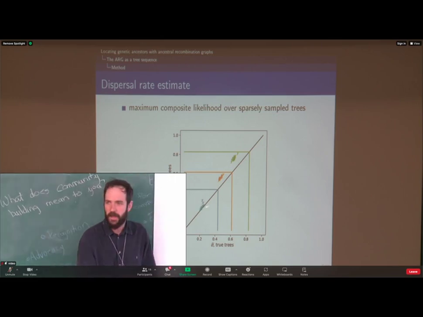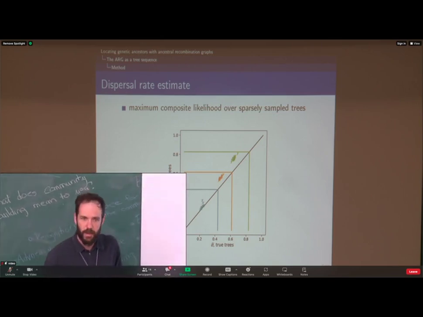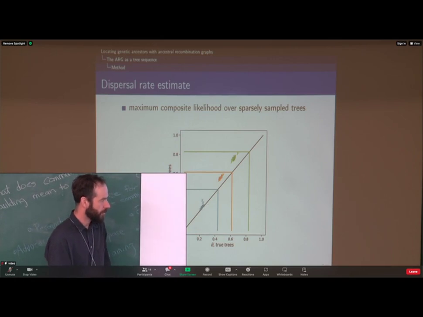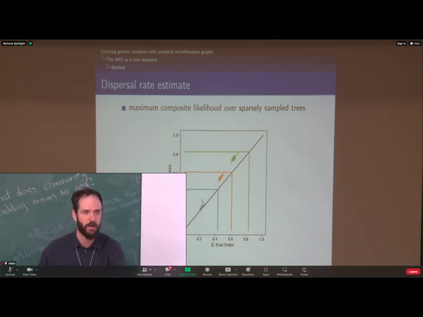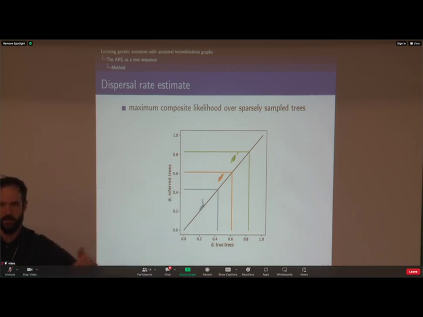So we're underestimating the true simulated dispersal rate. That also happens when we increase the simulated dispersal rate to 0.6 in orange, 0.8 in green. We're tracking the truth: if we increase the simulated parameter value, the estimate increases in a nice fashion.